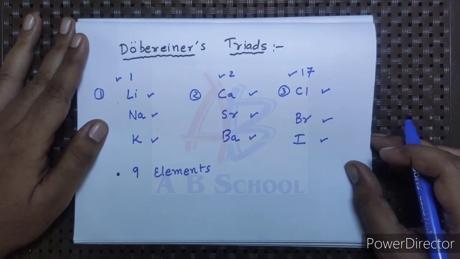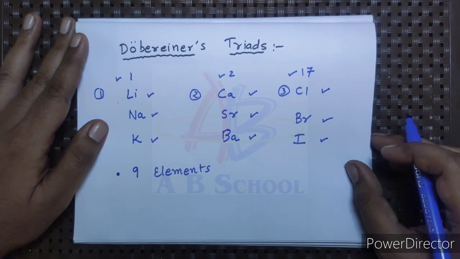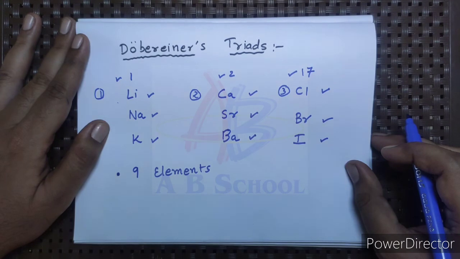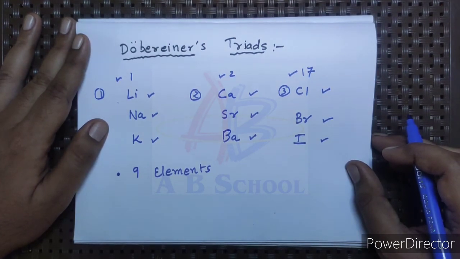In the next lecture, we are going to talk about Newland's law of octaves. Till then, the assignment for you is to write a short note on Döbereiner's triads and also take any 3 consecutive elements from any group of your choice from the modern periodic table from your textbook and check whether they represent a Döbereiner triad or not.